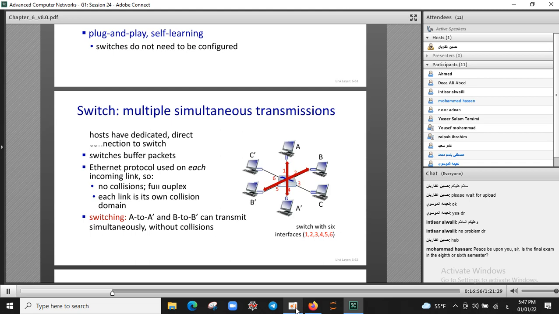Without any collision, without any disruption, without any other problem. But how? Because it uses MAC addresses to filter the ports, the sending ports.